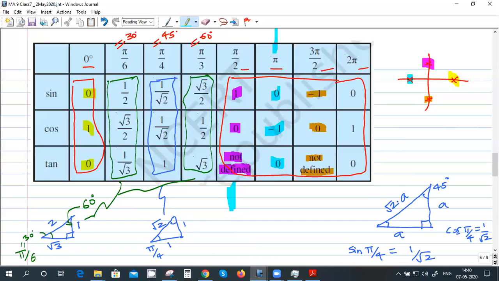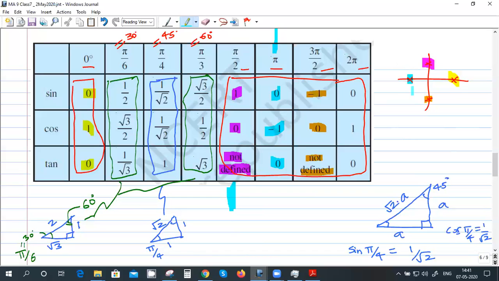For the pi column, sin is 0, cos is -1. Why is cos -1? Because it goes in the negative x direction. So x is minus r. R is the radius, which is always positive.